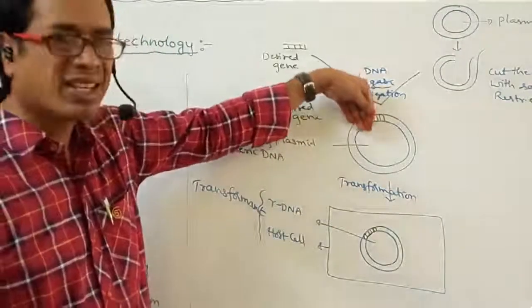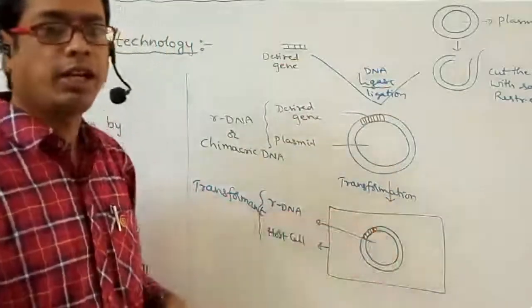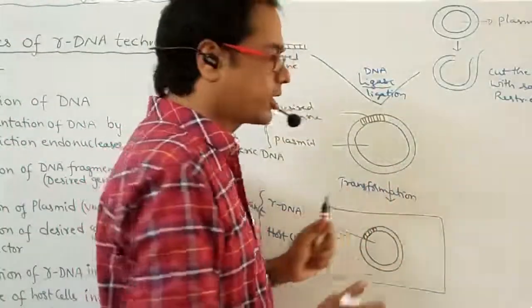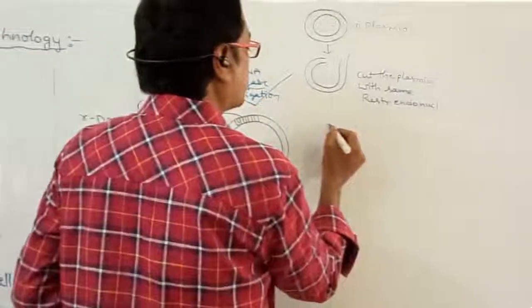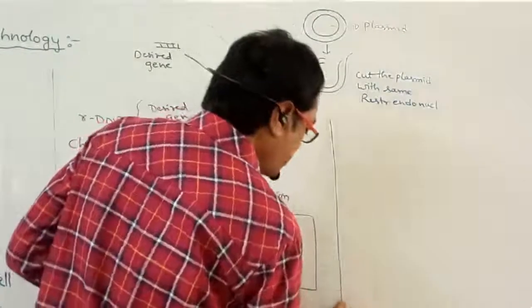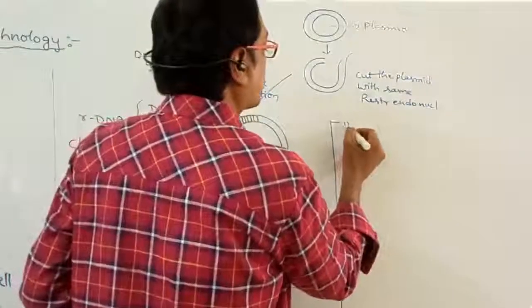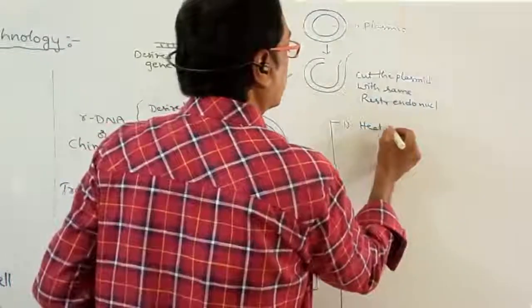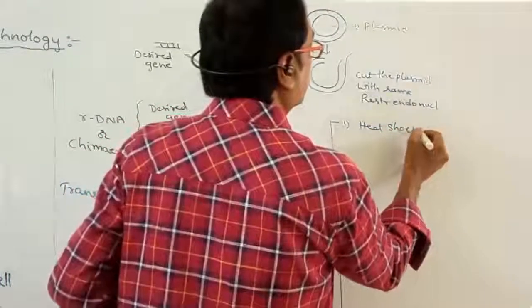How does this rDNA enter into the host cell? It can occur by different methods. One is called the heat shock method.